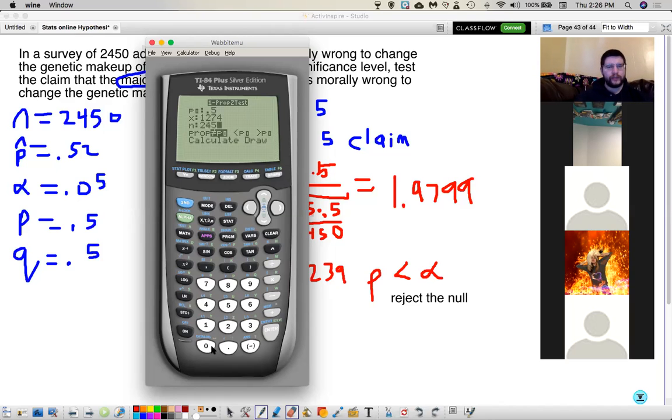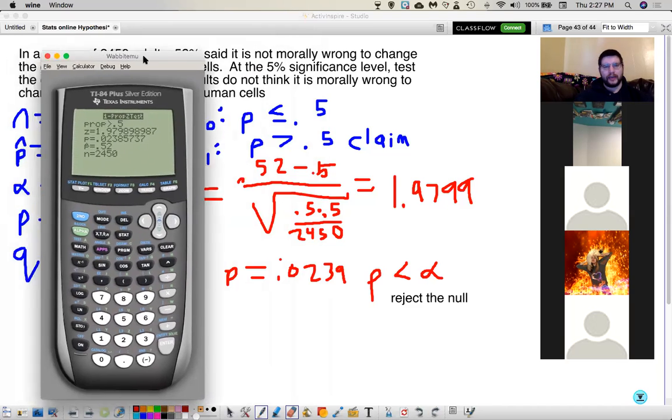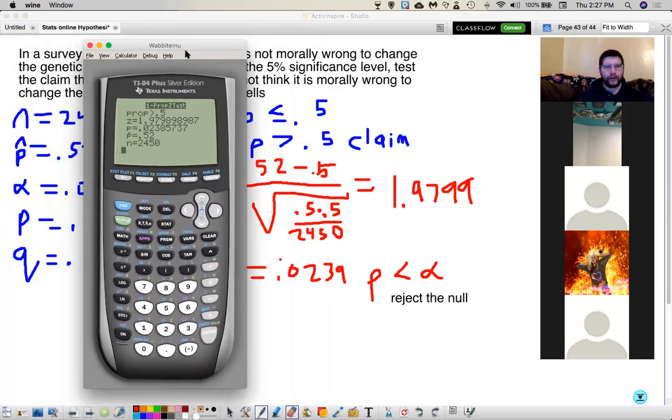N was 2450. And we have a right tail test. So now we have the test statistic and we have the p-value. As you can see, the TI users did a lot of time savers right there. They could pretty much just be done, use a p-value test and say, oh, reject the null. The claim is in the alternative, so we support the claim.